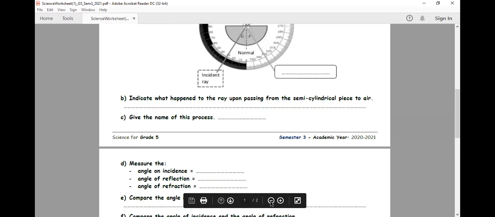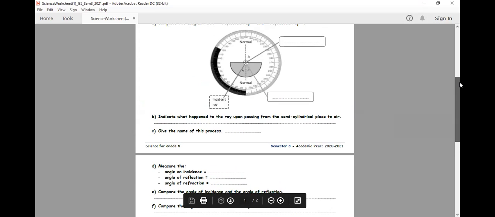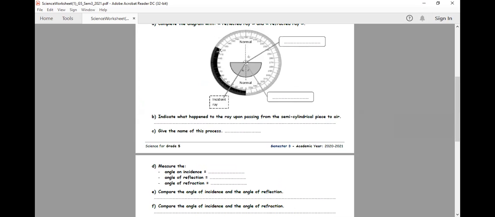Measure the angle of incidence. As you can see عندي هون numbers. قد ايه الانجل of incidence؟ الانجل of incidence بتكون between which two elements?